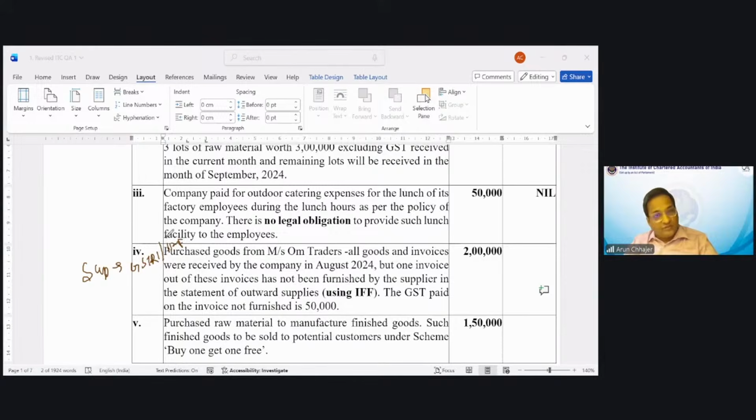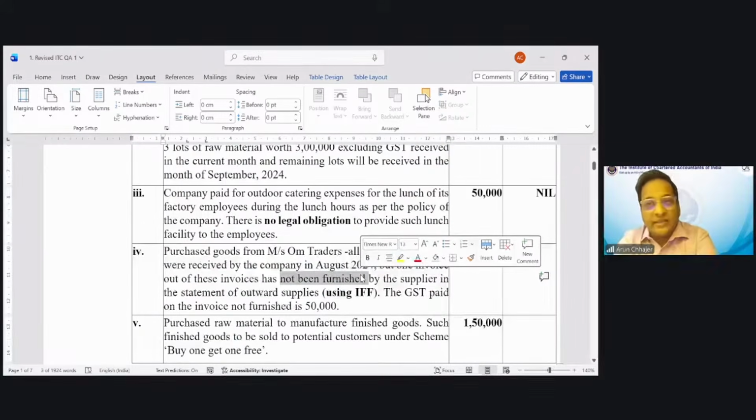Will this be sufficient? Please write also, it has to be communicated to the recipient in GSTR2B. Then only ITC would be available, because he has not furnished.